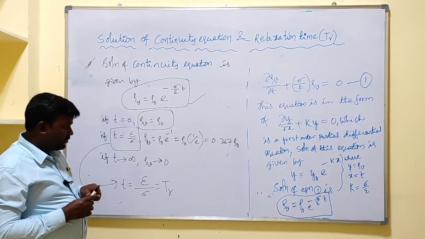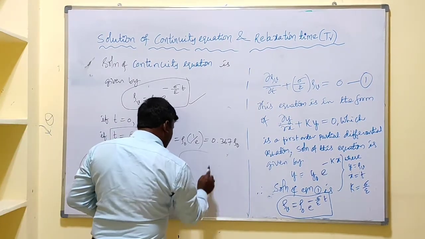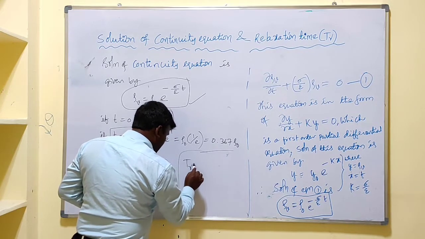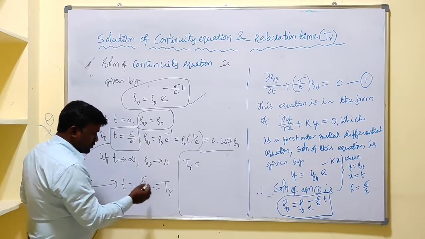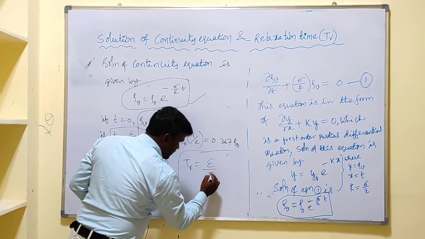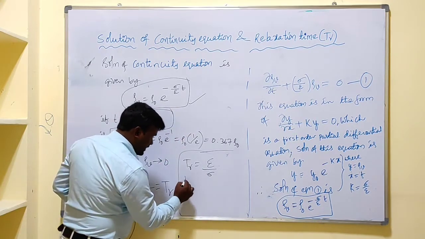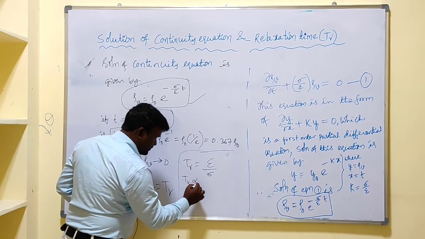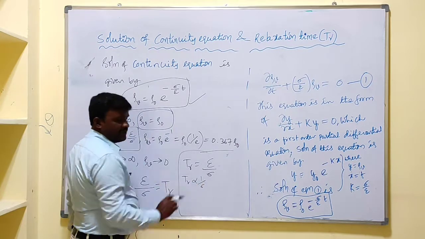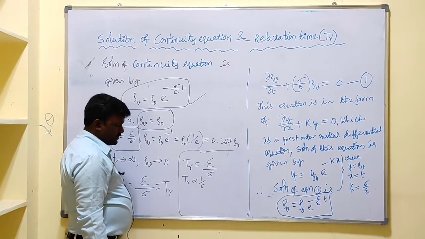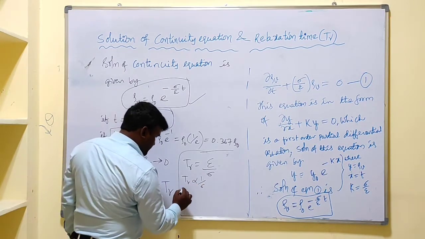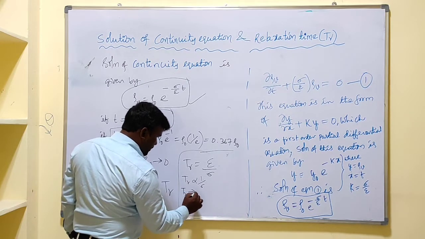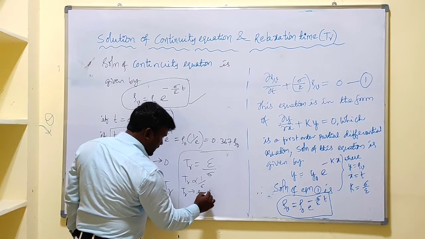Of course, we need to write one more thing: relaxation time is derived as TR equal to epsilon by sigma. Means this TR is inversely proportional to sigma for the given medium. That is why TR is small for good conductors.